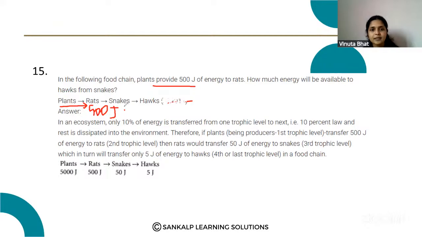Snakes receive only 50 joules, that is 10% of the energy. Then hawks receive 5 joules of energy. So here, in an ecosystem, only 10% of energy is transferred from one trophic level to the next.